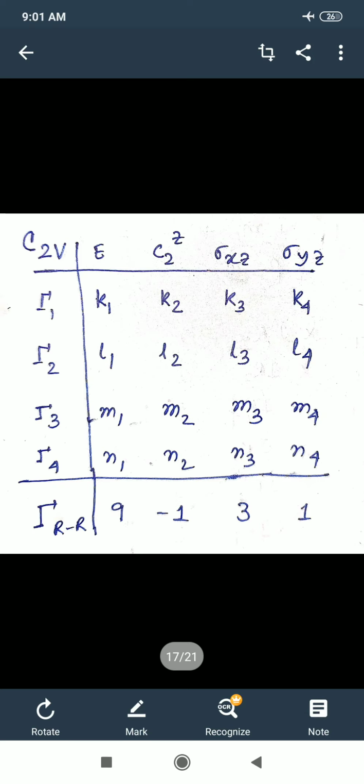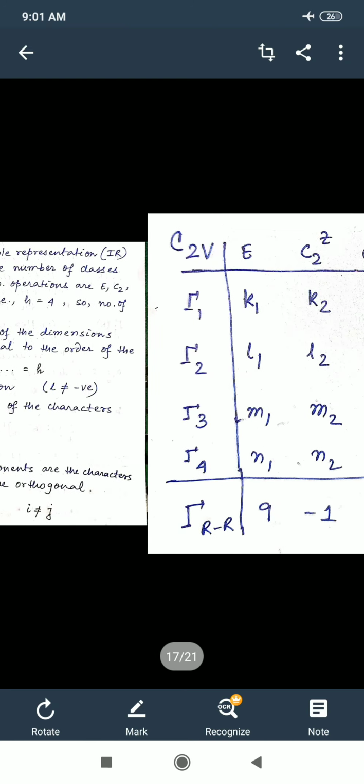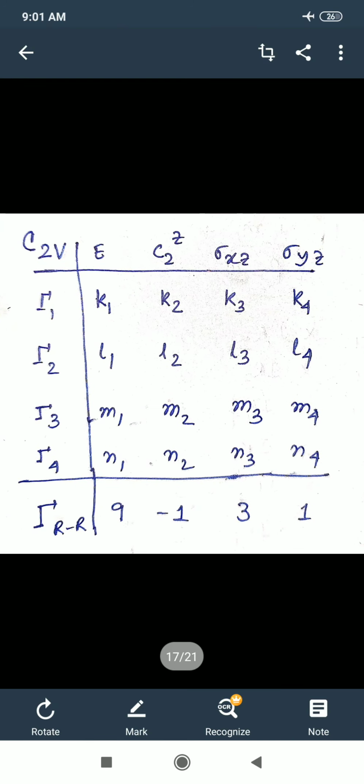So from rule number 4, I can write K1 into L1 plus K2 into L2 plus K3 into L3 plus K4 into L4, and that should be equal to 0, because they are orthogonal.